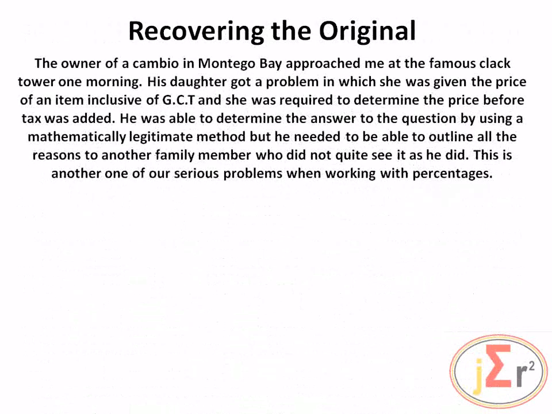The owner of a cambio in Montego Bay approached me at the famous clock tower one morning. His daughter got a problem in which she was given the price of an item inclusive of GCT, and she was required to determine the price before tax was added.